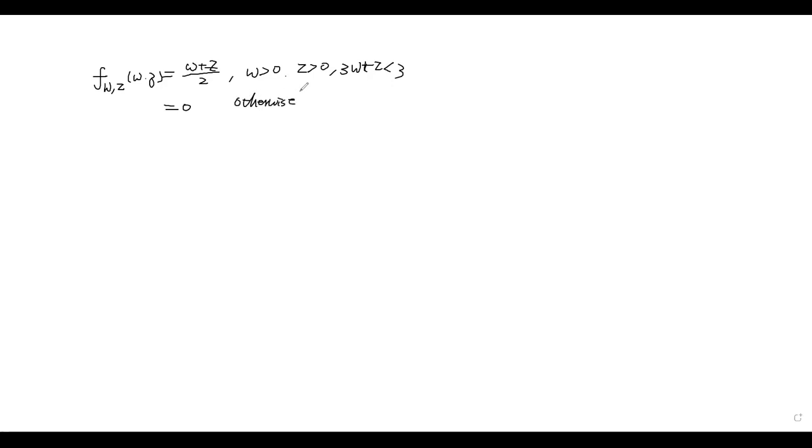Today we're going to find the probability that W is less than Z.